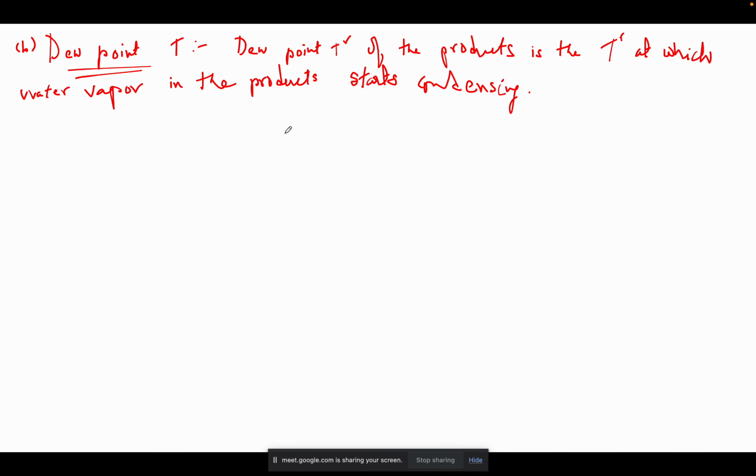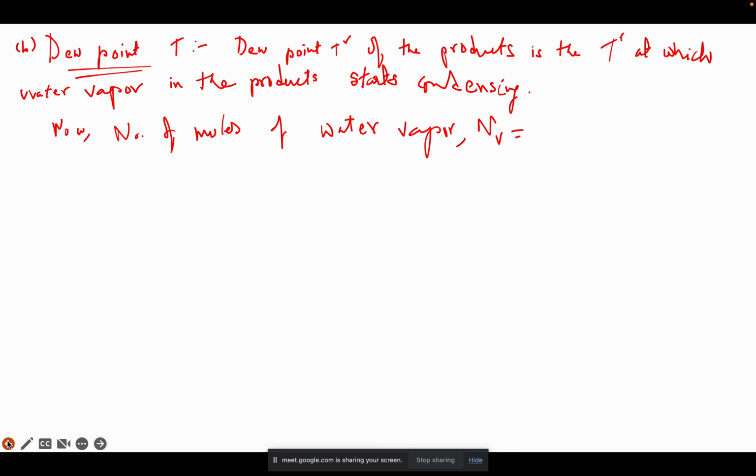So that means you have to calculate the saturation temperature for water vapor, and for that you have to know the partial pressure of water vapor. How do we know the partial pressure of water vapor? In order to do that, we need the number of moles of water vapor, that is NV.